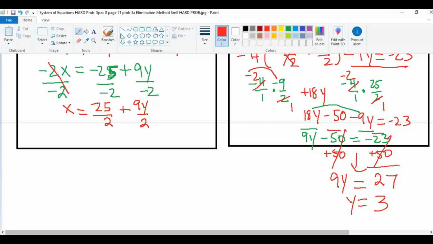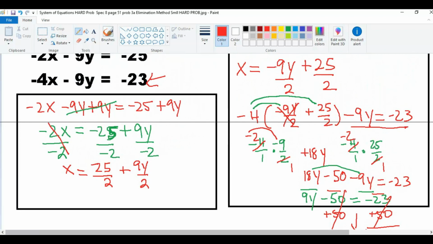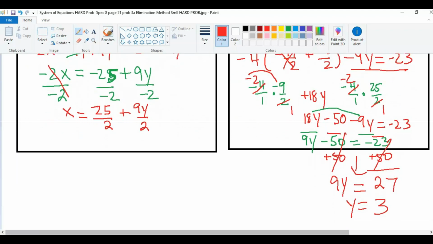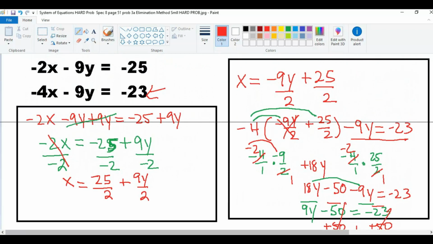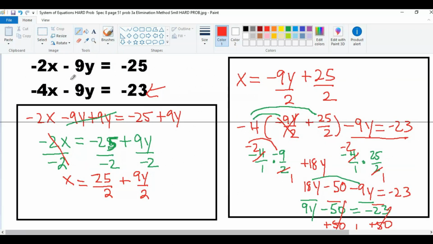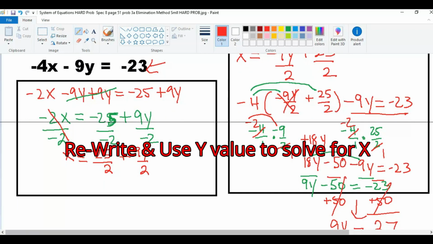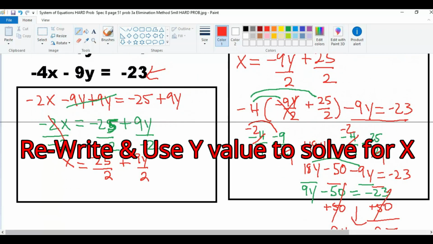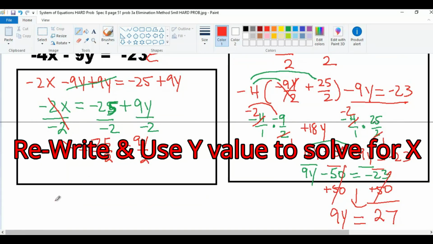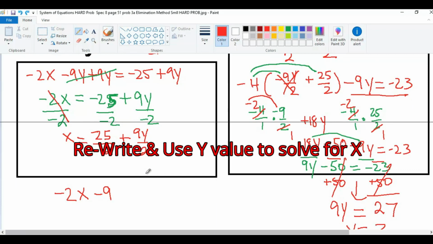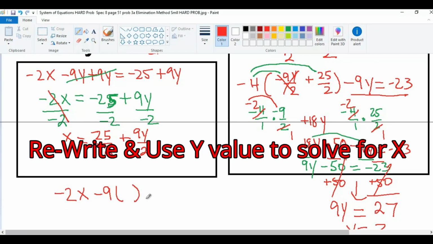Now, that gives us part of our problem. Well, we're home free because we know what y is. Y is 3. So that means we're just going to rewrite one of these two problems right here, and then we're going to solve our problem. So I'll rewrite the first one: negative 2x minus 9, and in parentheses I'm going to put my 3 here.